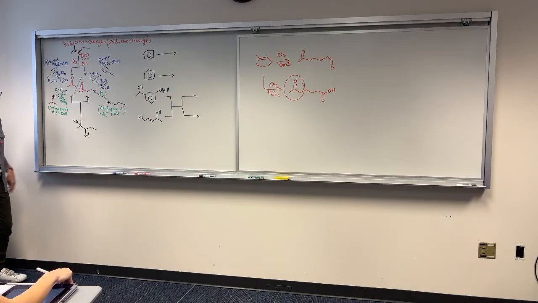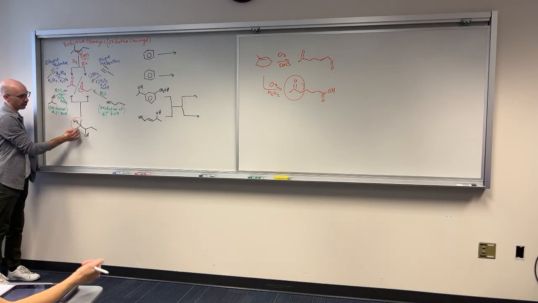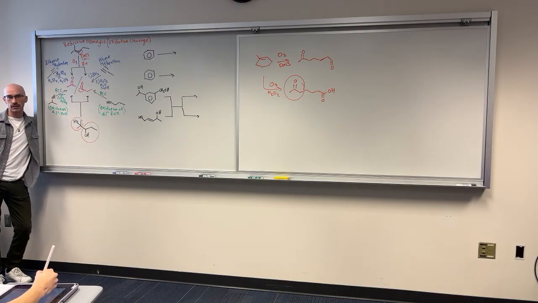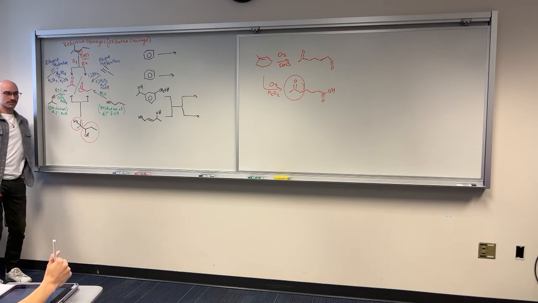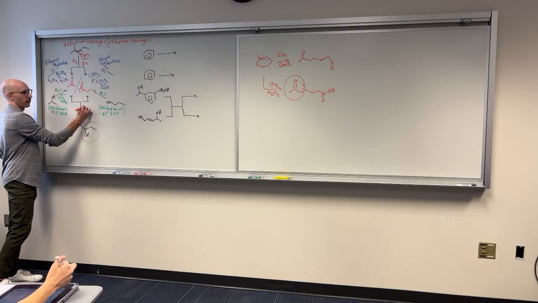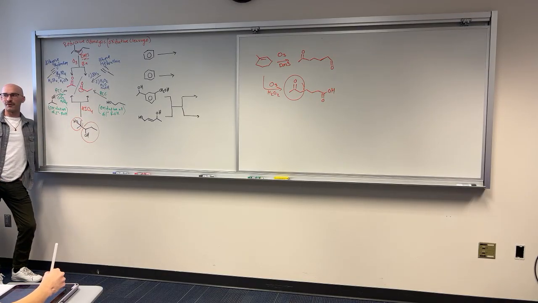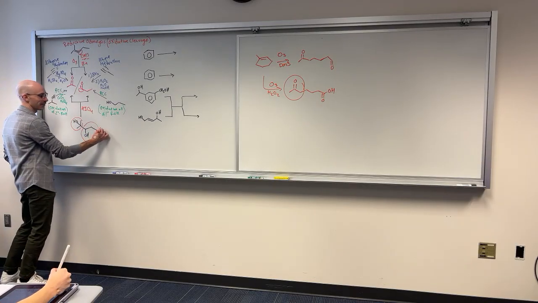Good, vicinal diol. So what reagent did you guys put here to get the 3 carbon chains to split into the ketone and the aldehyde? Nobody got this one? HIO4, periodic acid. So this is also oxidative cleavage.